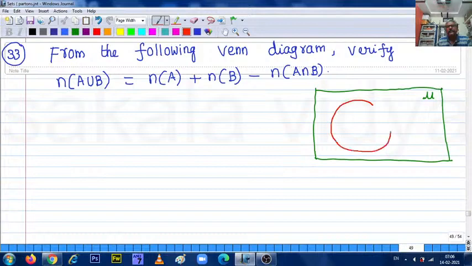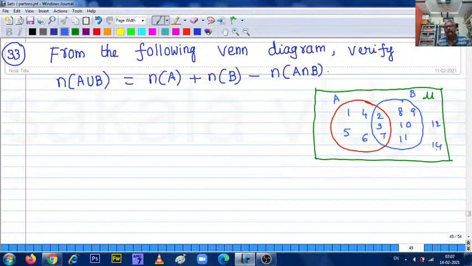Set A, this is set B. Set A, set B. So what are the elements given? 1, 4, 5, 6, 2, 3, 7, 8, 9, 10, 11 and 12 and 14.